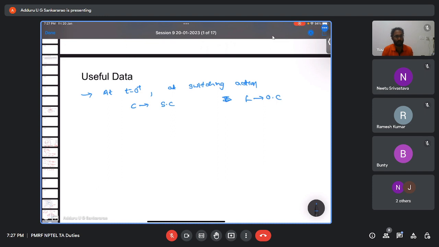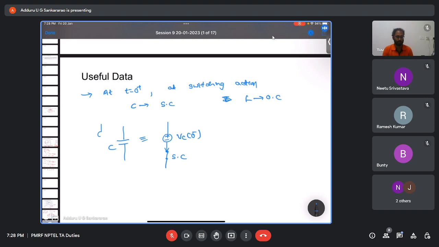Now, I can replace a capacitor with something like this. At the time of switching action, I can replace a capacitor with some voltage source, that is nothing but Vc of 0 minus, plus the capacitor is short circuited.